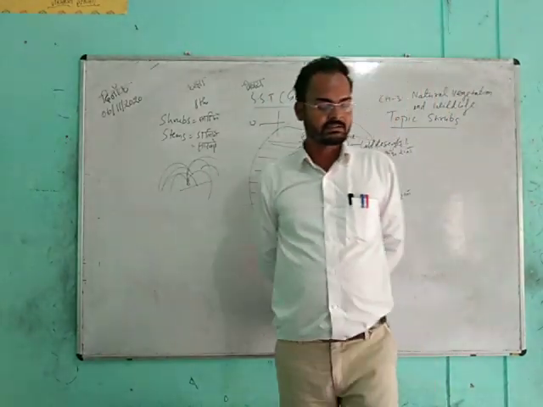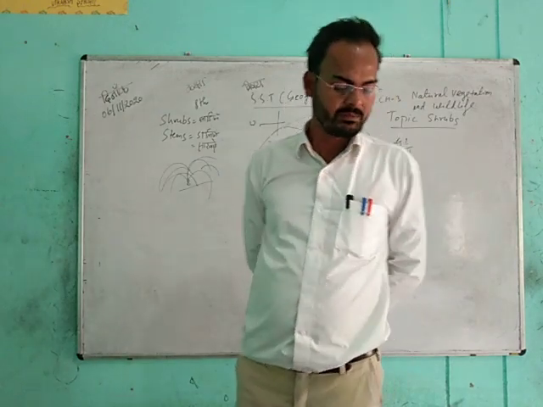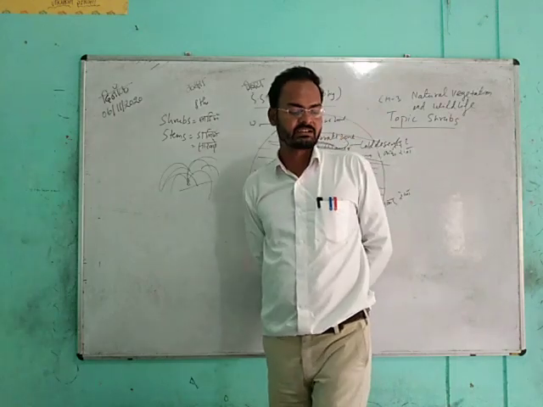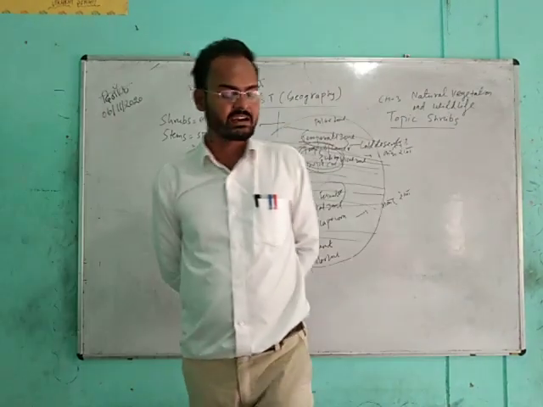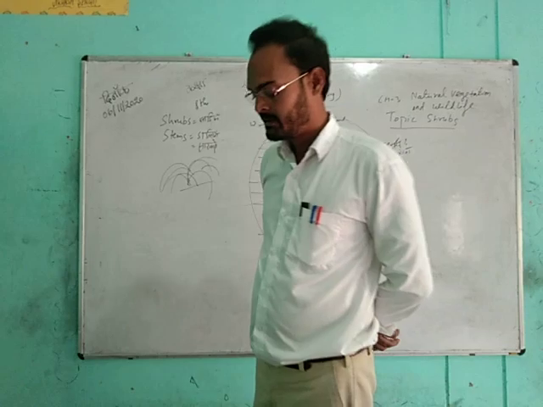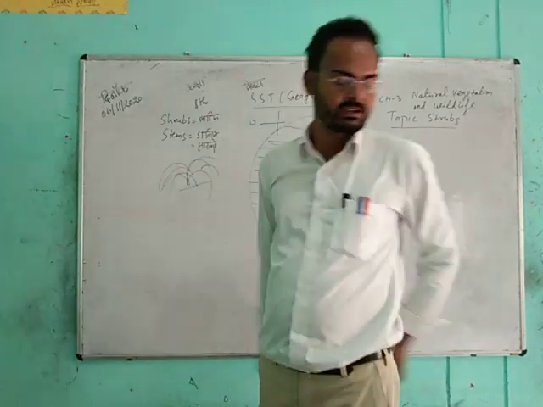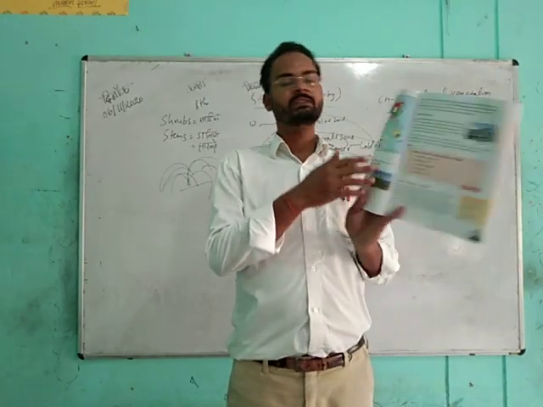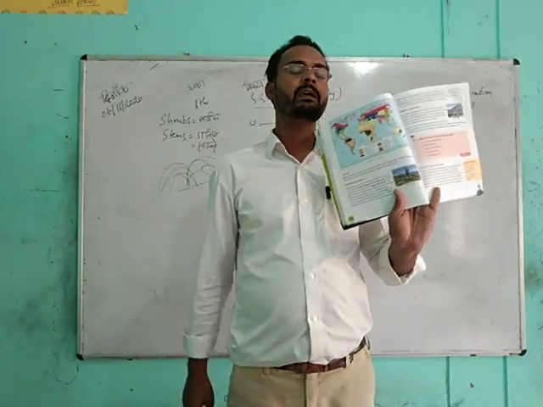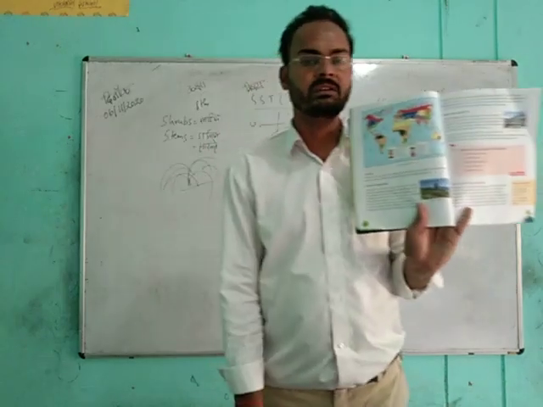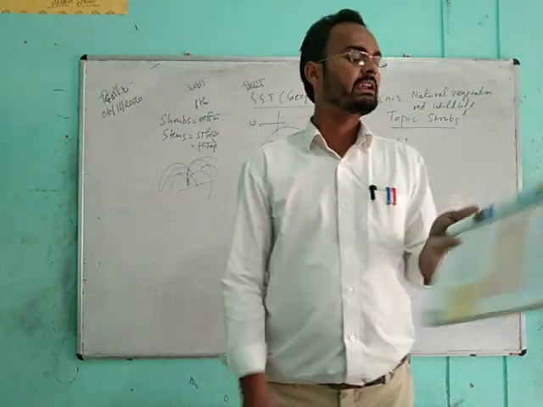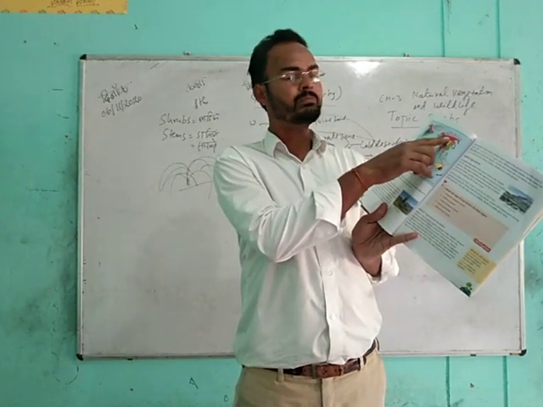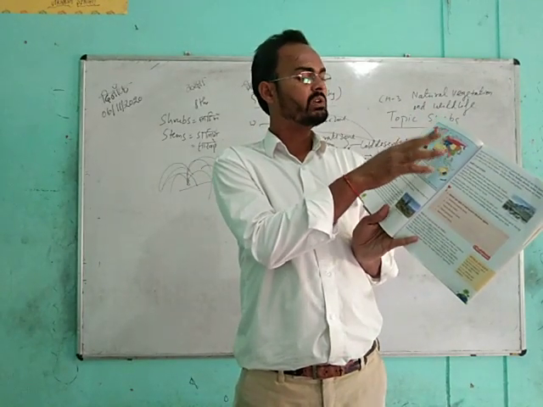The Sahara Desert, Kalahari Desert, Namib Desert, Atacama Desert, Sonoran Desert, Great Australian Desert, Arabian Desert, and Thar Desert are hot deserts. If you want to see these deserts in your course book, on page number 36 there is a map. In homework, you have to write this. You have to make this map also, and in this there are symbols: blue, red, pink, yellow, and black.